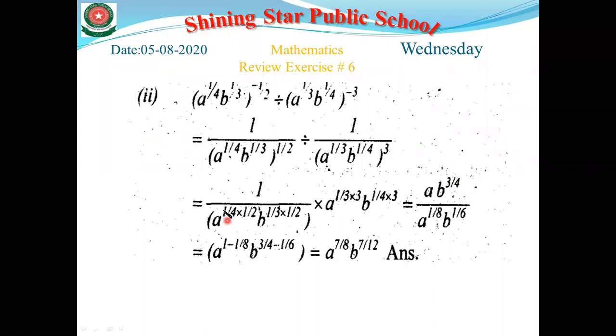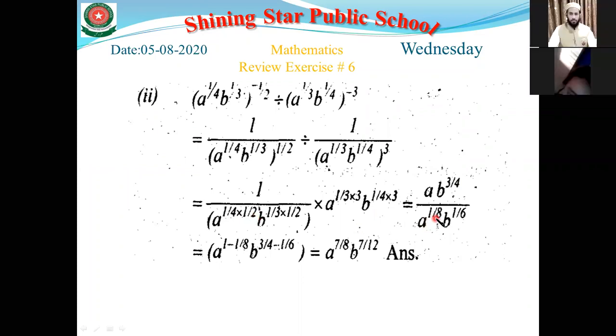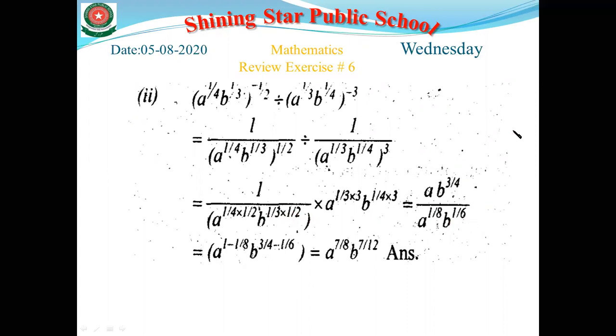Now 1 multiply 1, 1. 4 multiply 2, 8. The a power is 1 over 8. Here is 1 multiply 1, 1. 3 multiply 2, 6. So 1 over 6. Okay. Now here is a and here is b power 3 over 4. In the denominator we have a power 1 over 8, b power 1 over 6.